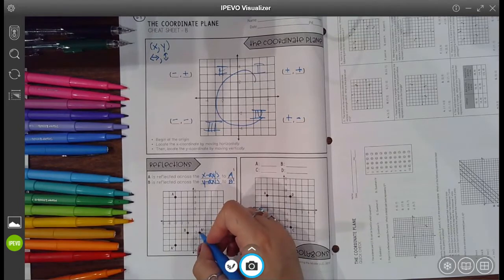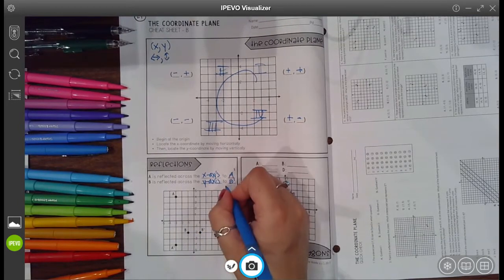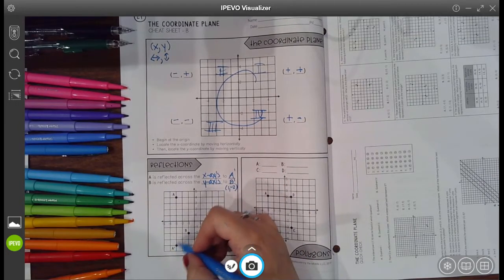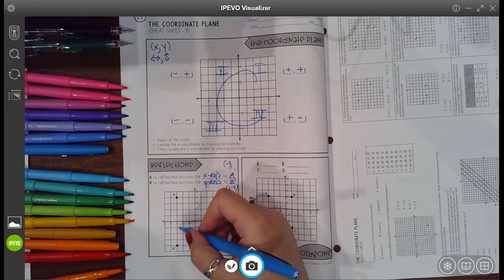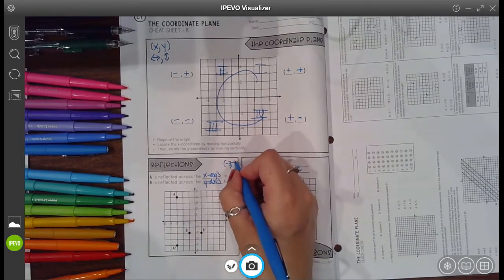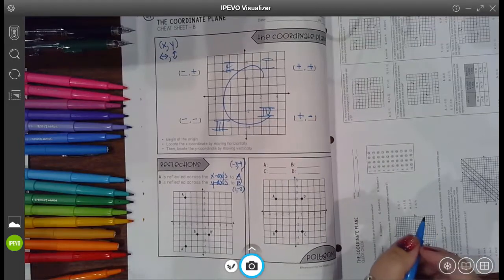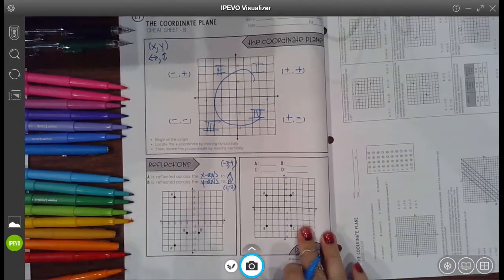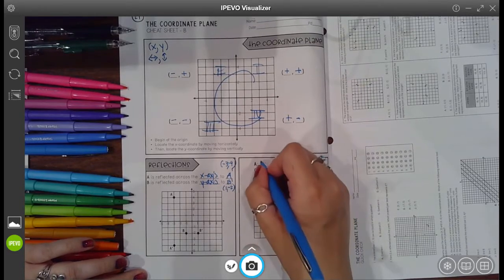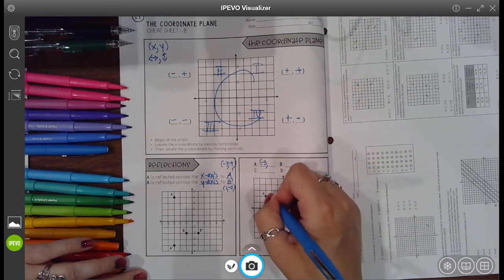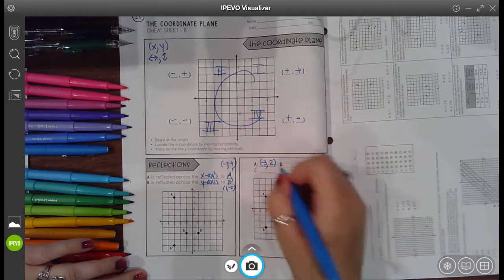Okay, and what's the coordinate point for B1? It's over 1, down 2. What about A1? What's that point? It went left 3 and then down 4. Okay, so that was a little refresher. Now for these ones, can you label those? Well, A went left 3 and then up 2.